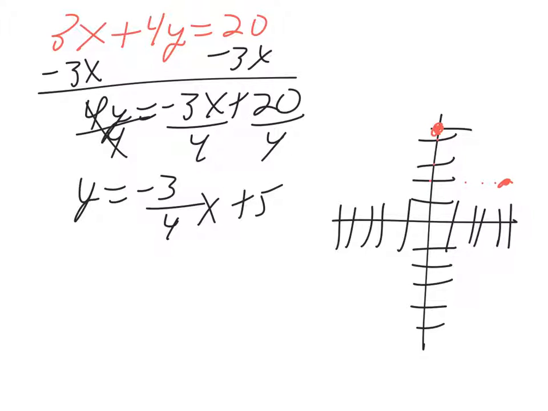I know my graph's not the best there. Or I could have gone up 3 and to the left 4, and I would have had something that looked like that. So that would be the graph of that one, which is right because it's a negative slope, so it has to go down to the right.